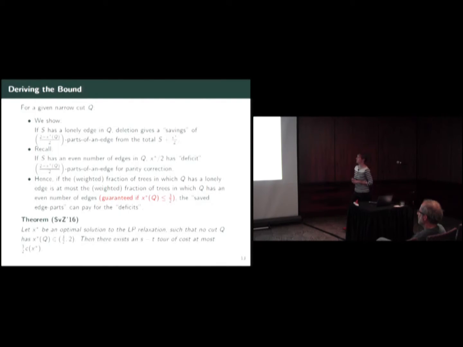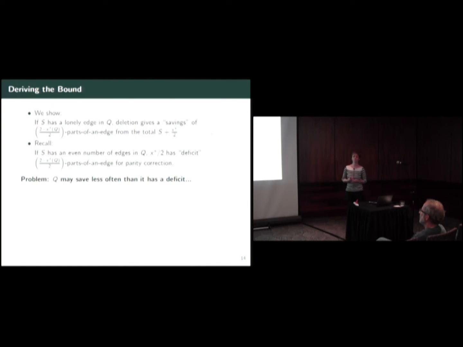So that tells us that if we take an LP optimal solution and no cut has value between 3/2 and 2, so either it's less than 3/2 or it's not narrow, then there exists an ST tour of cost at most 3/2 times the LP optimum. Okay, so that works in this special case.